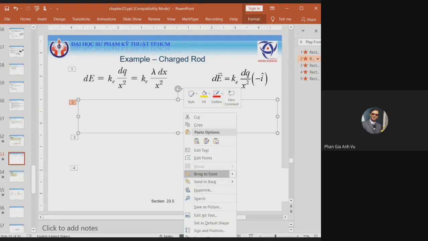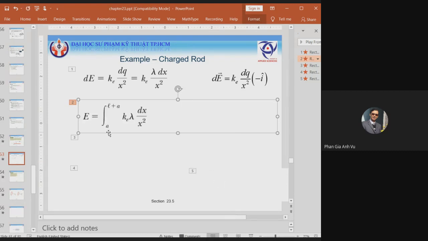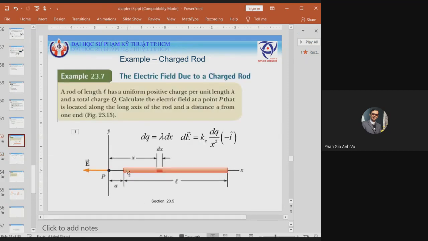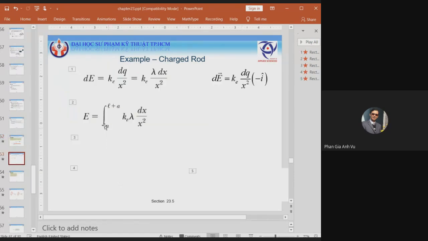Substitute things into that. The range to calculate the integral is from a to L plus a. Why? Let's come back to the figure. The rod is from a to L plus a on the x-axis. A here, the length L, so the coordinate of this end is a. The other end is L plus a.